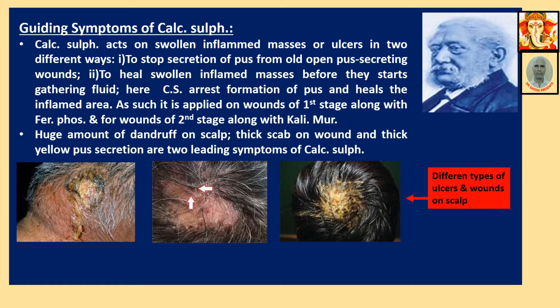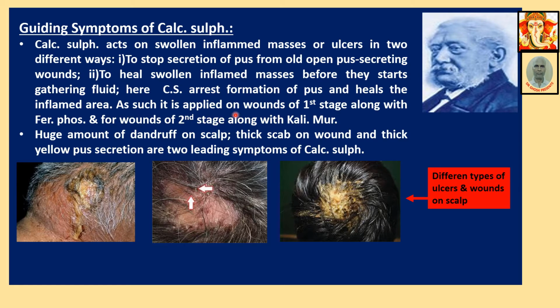So that is being displayed in inflamed masses before they start gathering fluid. Here, Calcarea Sulph arrests formation of pus and heals the inflamed area. That is, it has an effect which is called nipping in the bud. The disease was going to start and Calcarea Sulph nipped it in the bud.